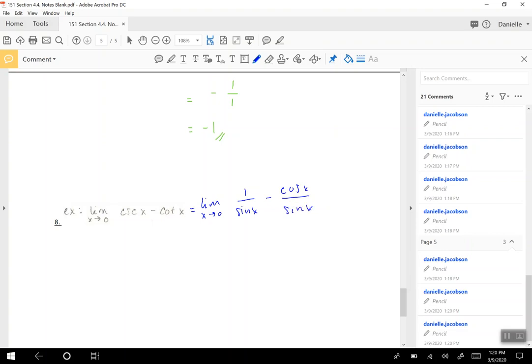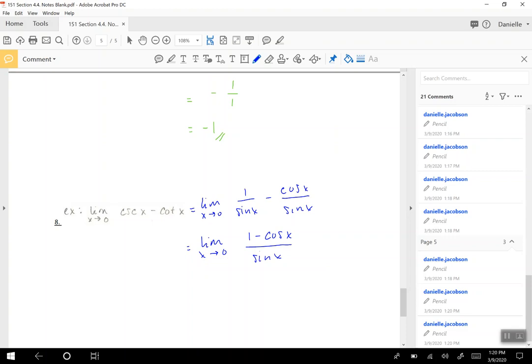Okay, so this works out kind of nicely because we have a common denominator here. So this is going to be the same thing as the limit as x goes to 0 of 1 minus the cosine of x over the sine of x.